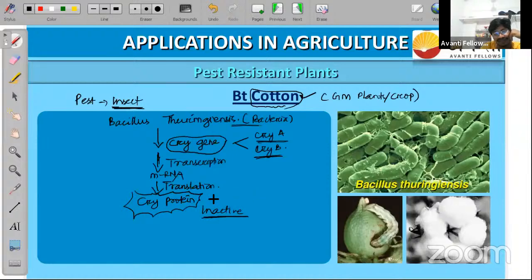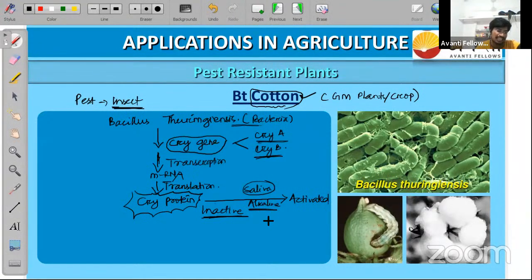They will get activated only in the presence of saliva, or I can say only in the presence of an alkaline medium. When there is an alkaline medium, at that time it will get activated. This happens in the normal situation.